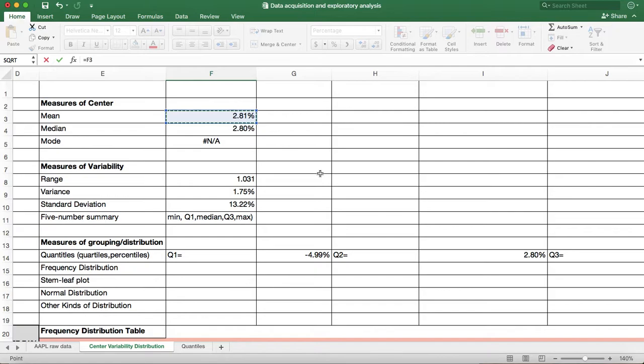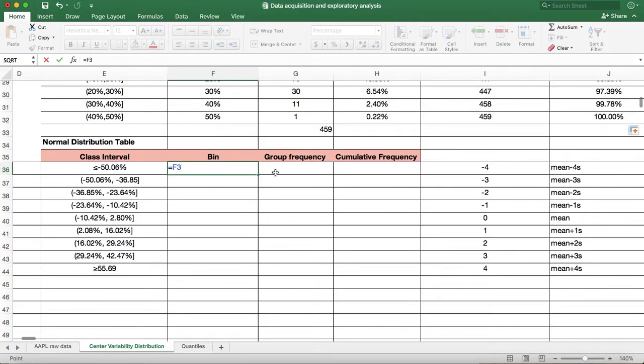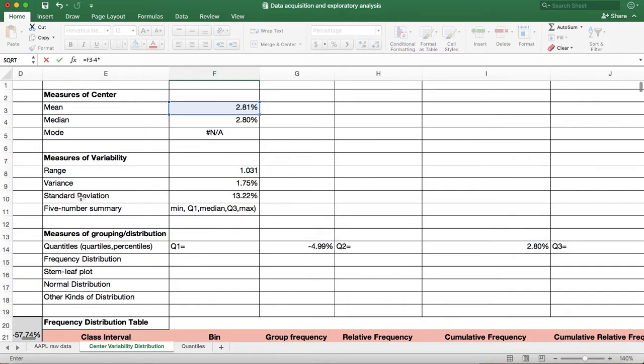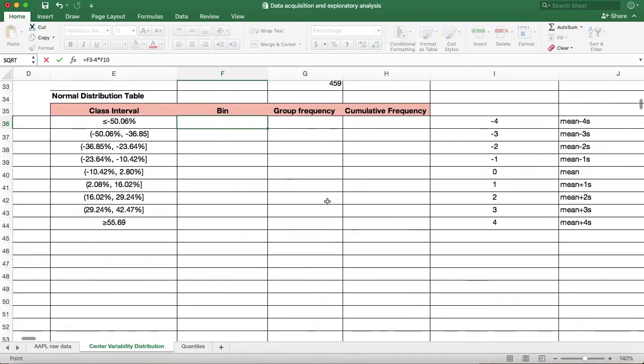We click this number minus 4 times the standard deviation. We go to the standard deviation and choose it, and then we enter.